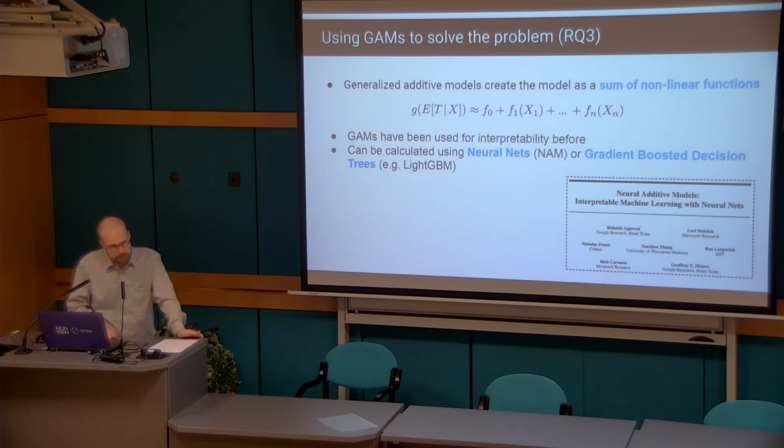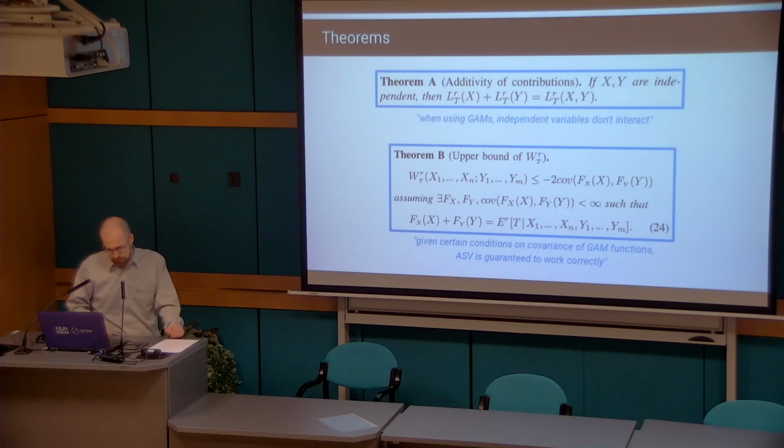These can be implemented using neural networks or gradient boosted decision trees. With neural nets, we need different architectures, and with gradient boosted decision trees, we need a small modification for the training algorithm. And we show that if we only use this kind of models for predicting the performance, then we can theoretically say that the explanations will be correct in a sense.